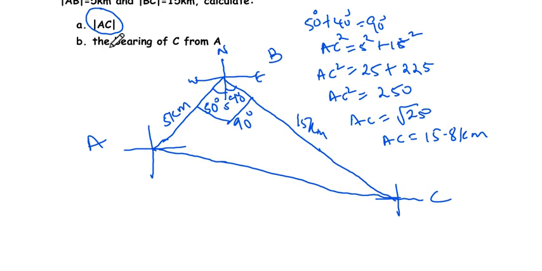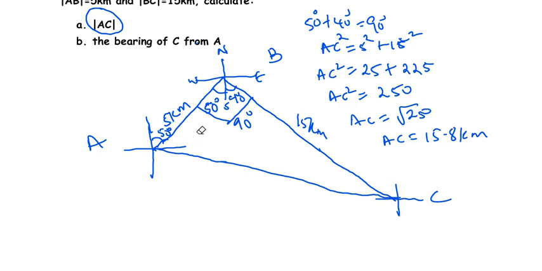Number 2. The second question says the bearing of C from A. From A, since it's from A, we start measuring from A. Now to solve this, look for the line joining A and C. The line joining A and C, this is the line. Since we are measuring from A, we'll start measuring from this point, from this point to the line joining A and C. Now if this is 50 degrees, invariably this will also be 50 degrees.